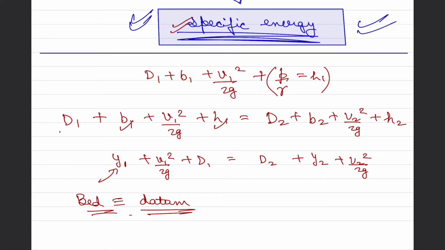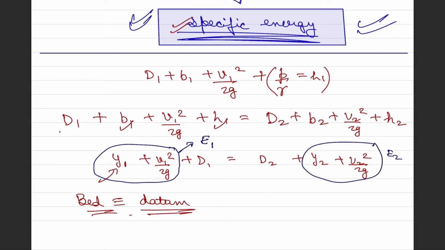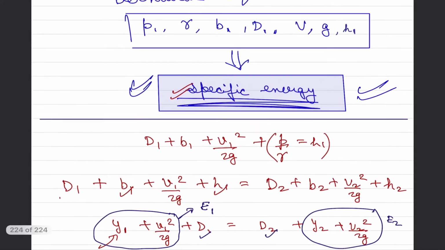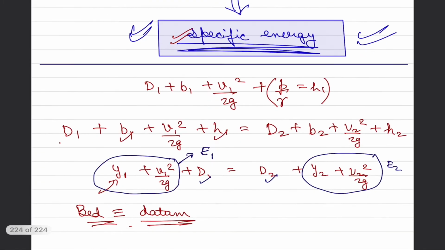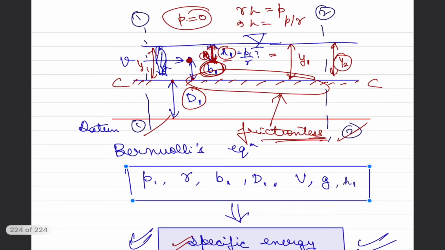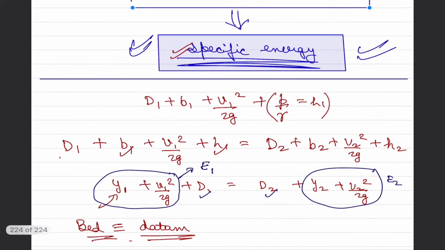But here what we would say is that we will call this term the specific energy at section 1, and this term the specific energy at section 2, because D1 and D2 are defined with respect to the channel bed.